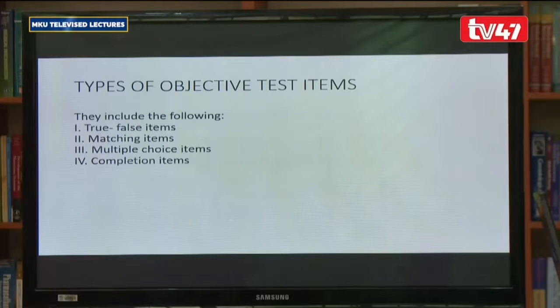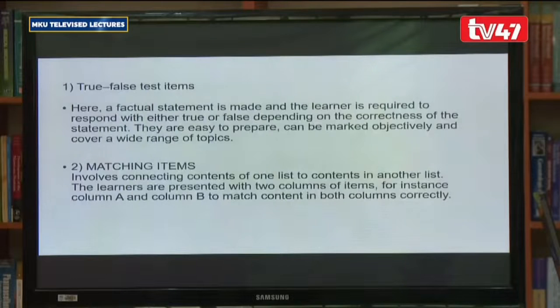And therefore, let's start with the true-false test items. In this kind of testing, a factual statement is given to the learner, and the learner is required to respond with either true or false to that statement, depending on what he or she feels is the correctness of that statement.